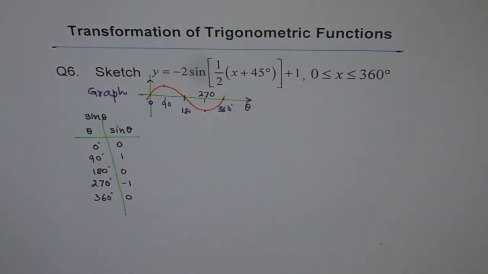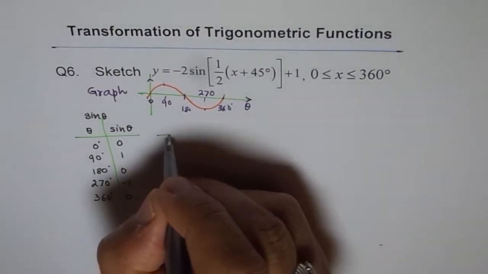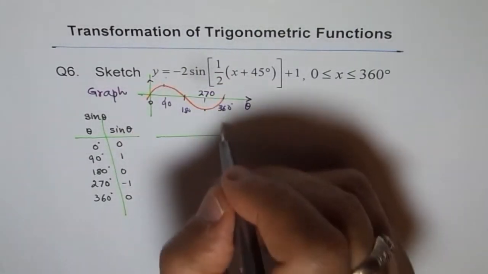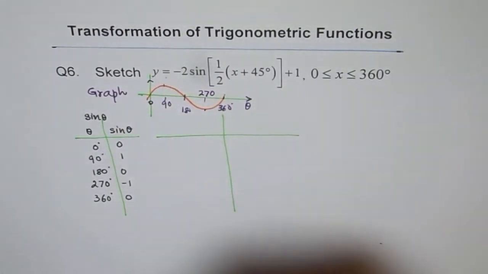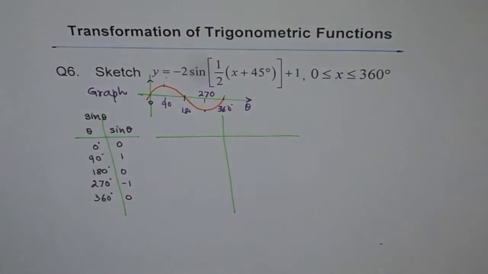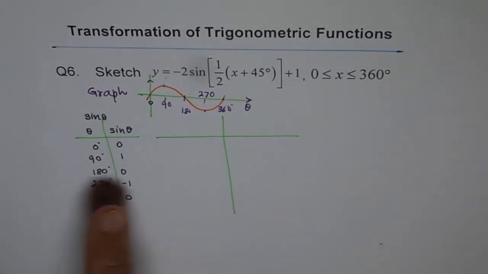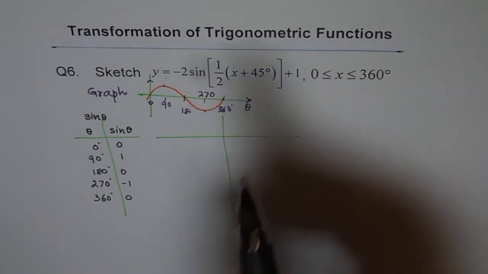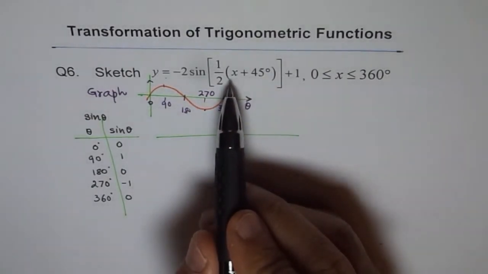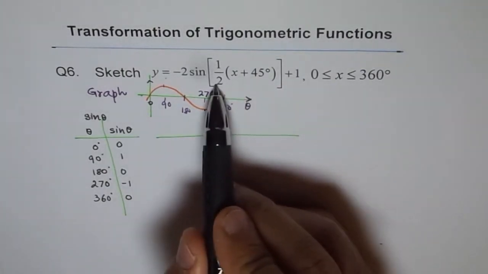Now let's do the transformed function. The transformed function we're talking about is this y value. I've purposely taken theta here so that we don't write x and x transformed. We'll see how theta gets transformed to the x position. What is the transformation taking place? Let's start from inside the function.